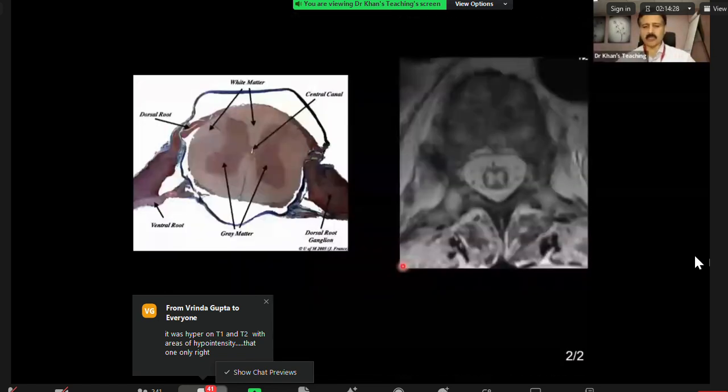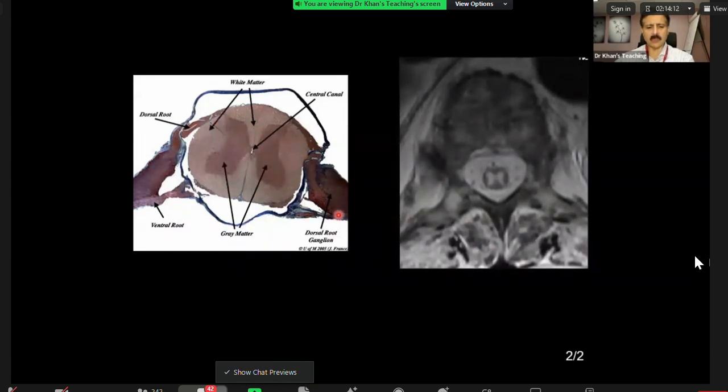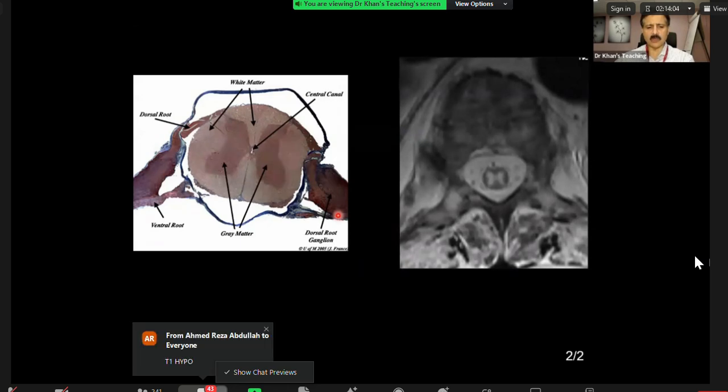So your conclusion is correct. Let me take over. In the cord, we know that the pattern is vice versa than the brain. The gray matter is central and the white matter becomes peripheral. We have three arteries. Anterior spinal artery is single and posterior spinal arteries are two.